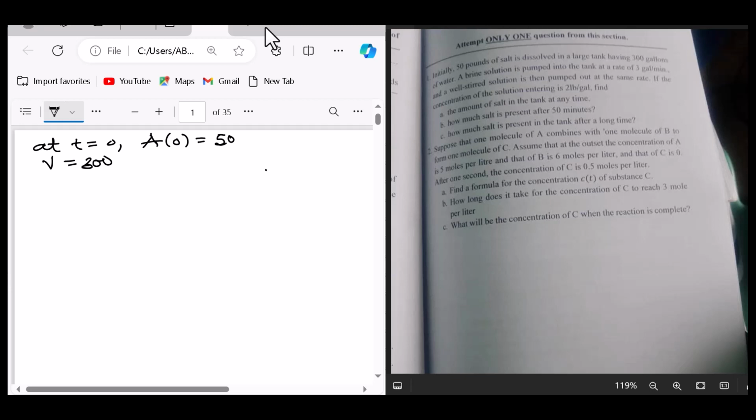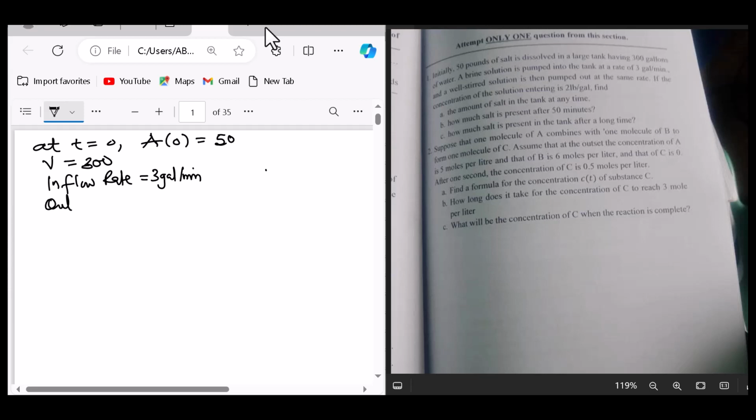A brine solution is pumped into the tank at a rate of 3 gallons. Okay, so inflow rate is equal to 3 gallons per minute. And a well mixed solution is pumped out at the same rate.